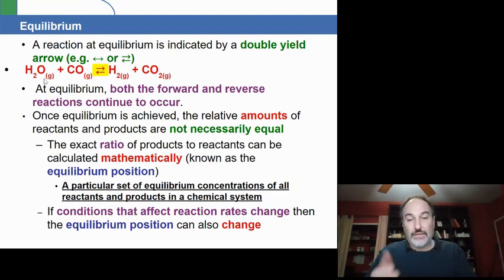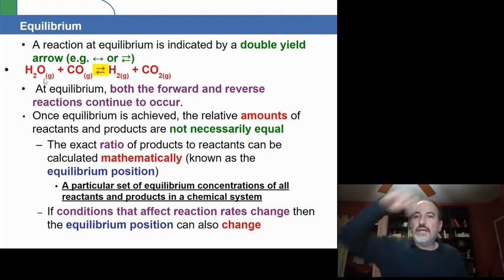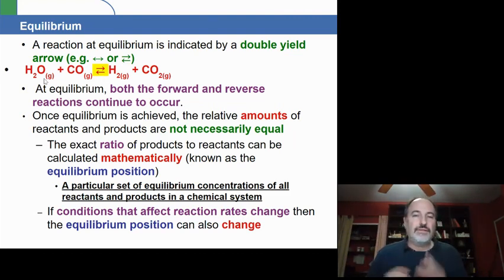All right, things like concentration, temperature, surface area, things like that. Well, if any of those change, it's going to change the equilibrium position. It's going to alter how much reactants and products you're going to have. That is important, and that is what we're going to focus on in the next section.